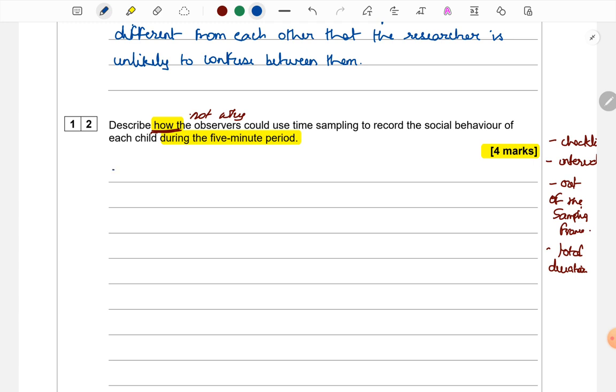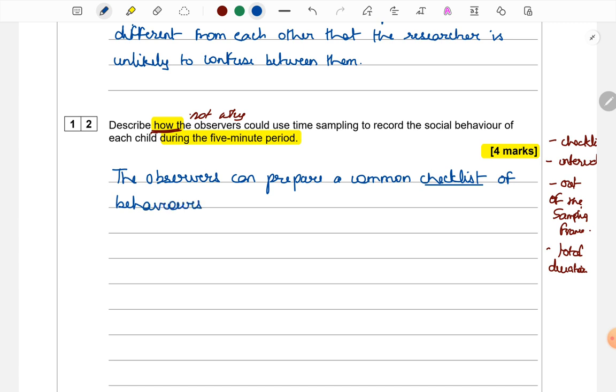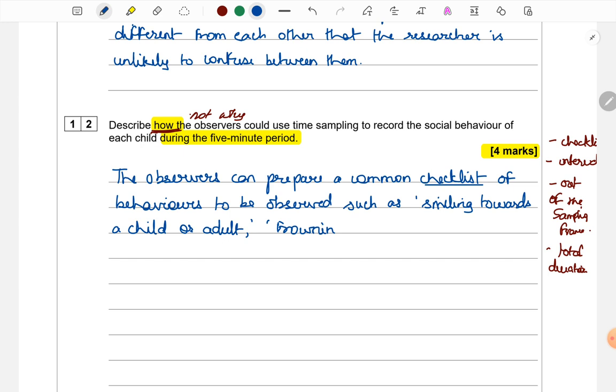So what we can write is, the observers can prepare a common checklist of behaviors to be observed, such as, okay, I'm going to give the same examples that I have given in the behavioral category answer, because there's no need to give anything else, such as smiling towards a child or adult, frowning at a child or adult, etc.